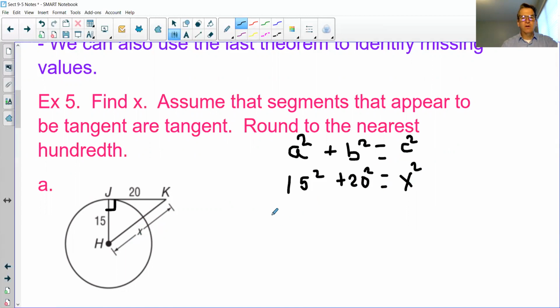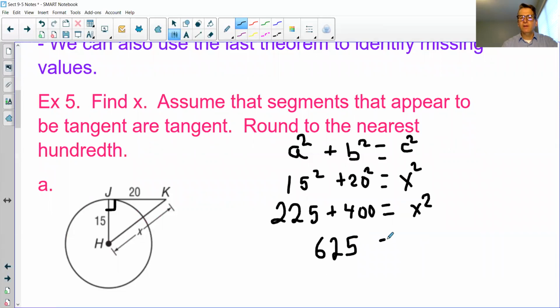So 15 squared is 225, and 20 squared is 400, and that's equal to x squared. 225 plus 400 is 625, equal to x squared.